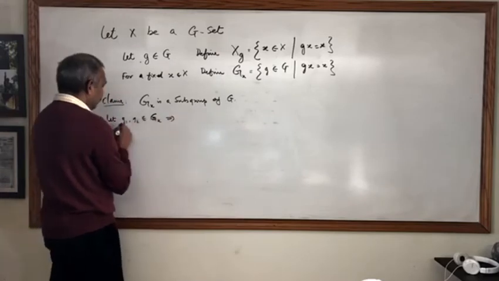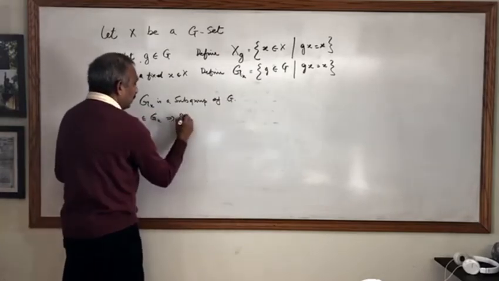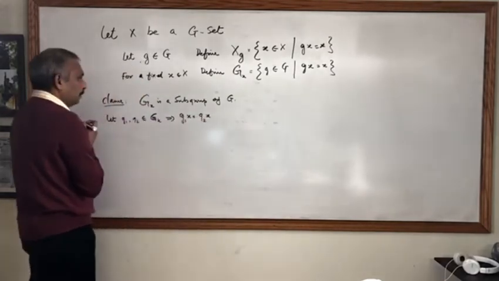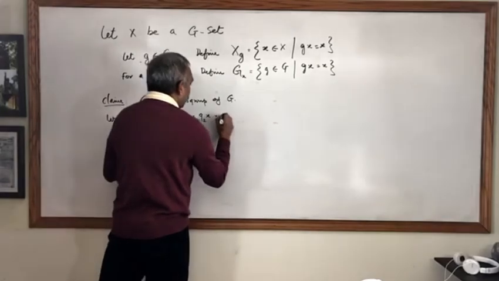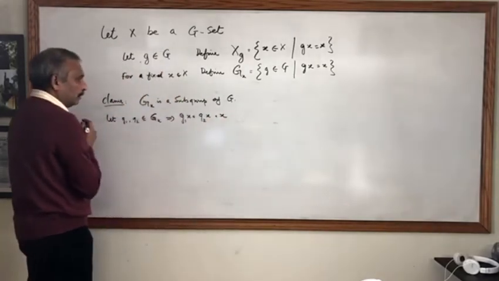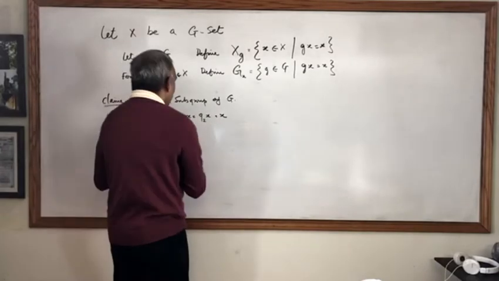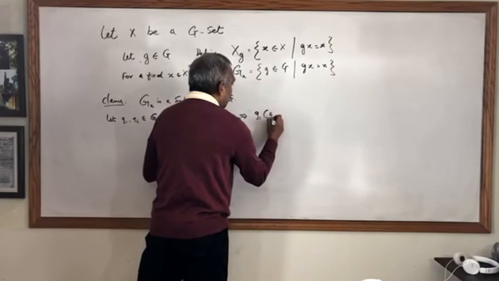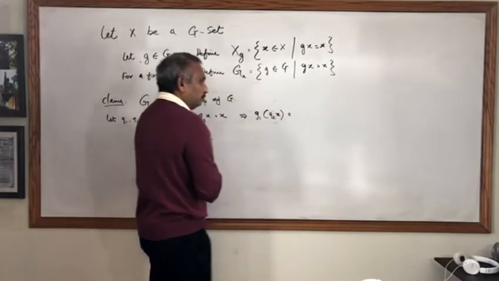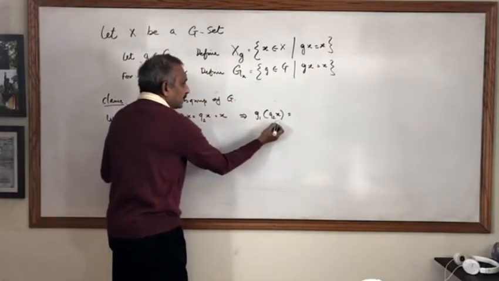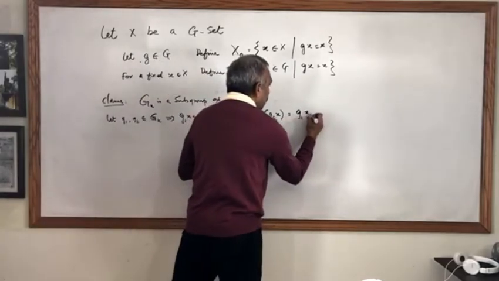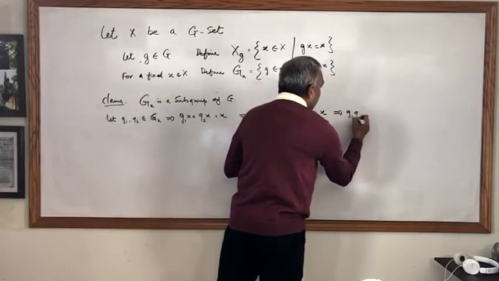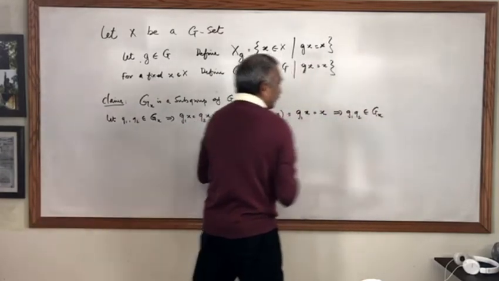That implies, with this definition, g1x equals g2x equals x. And that implies g1g2x is equal to g1(g2x), which is g1x, and that is equal to x. And that implies g1g2 belongs to G_x.